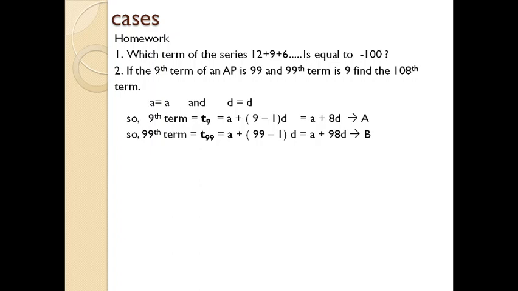So let's continue. By using equations 1 and 2: in the question it is said that the 9th term is 99 and the 99th term is 9, that is T9 equals 99 and T99 equals 9.